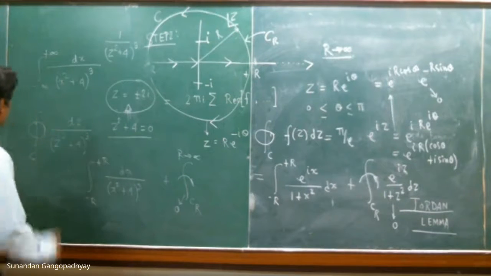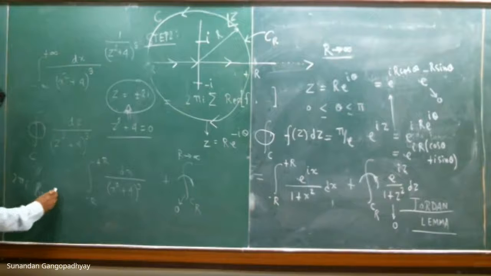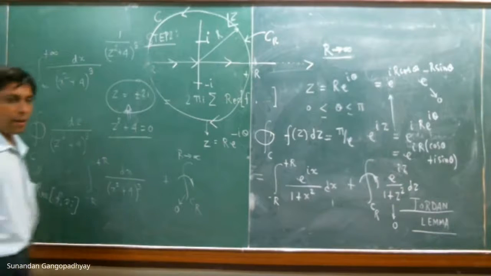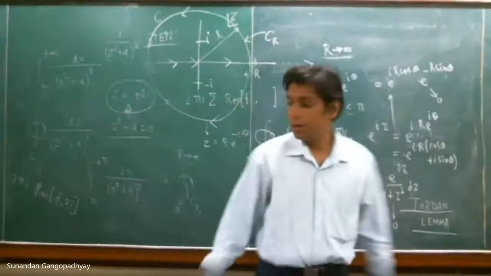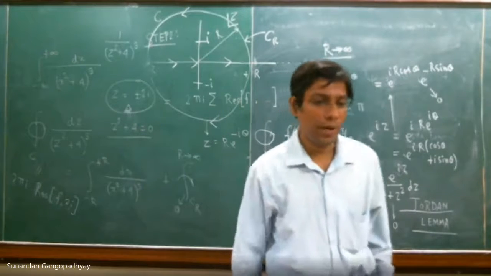And that integral is nothing but this contour integral, and therefore this is basically 2 pi i times the residue of the function f at 2i. And if you remember, we had also calculated the residue of the function at the pole 2i.